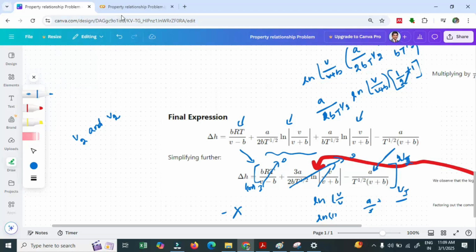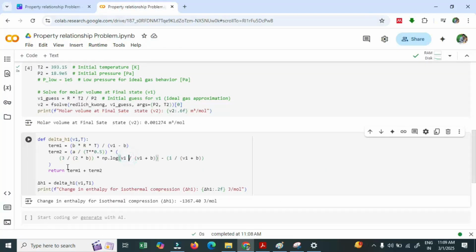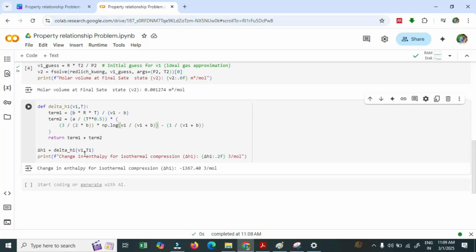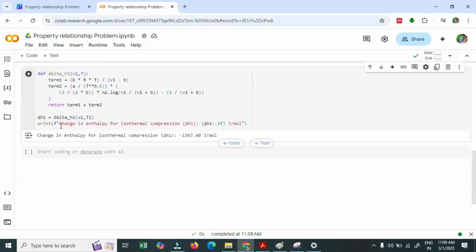Yeah. So here I'm getting minus, but I need to convert it into plus because in the equation we first have to substitute the lower limit, that is V1 for the first case. We need to substitute the upper limit too. If we substitute the upper limit, this entire term becomes 0, and the lower limit is V1, so minus V1. So I need to convert it to the opposite sign here.